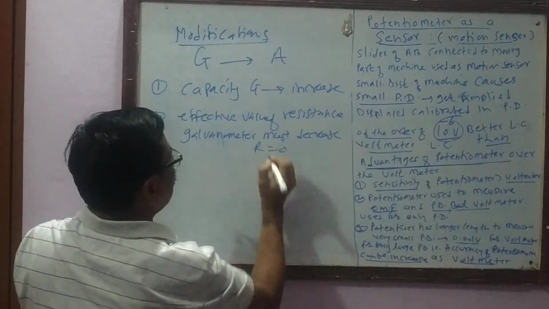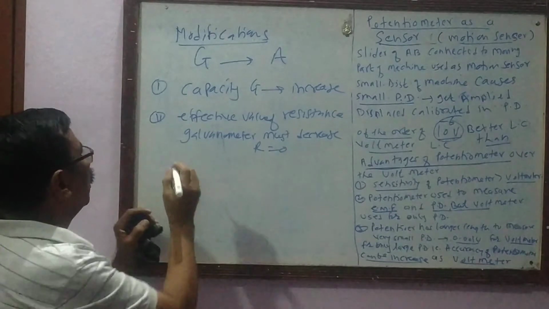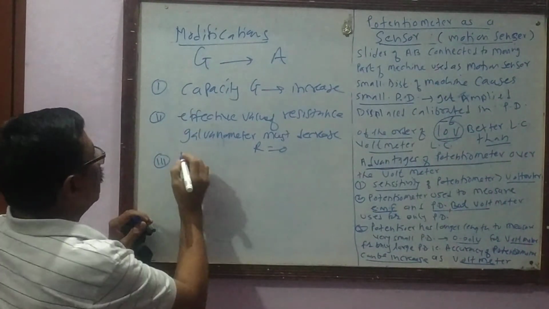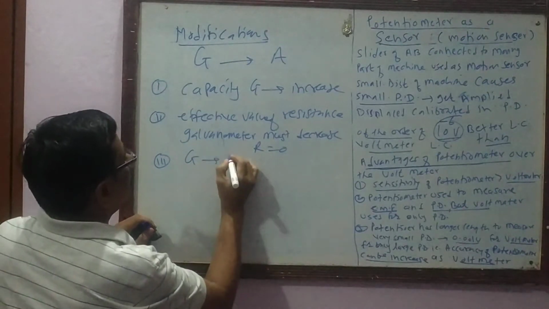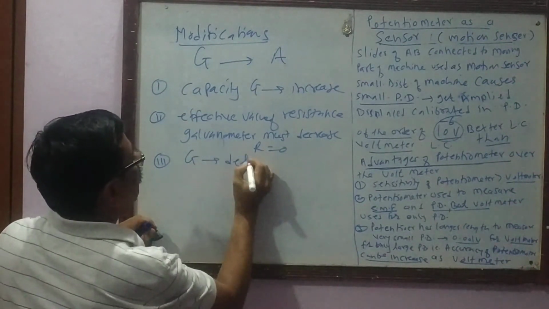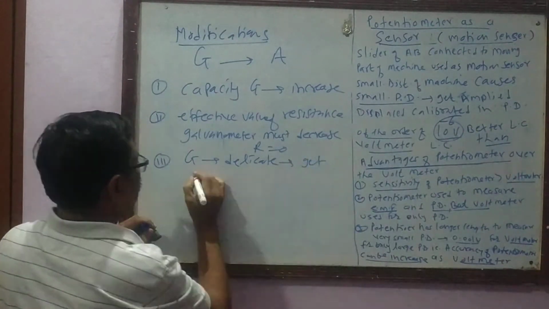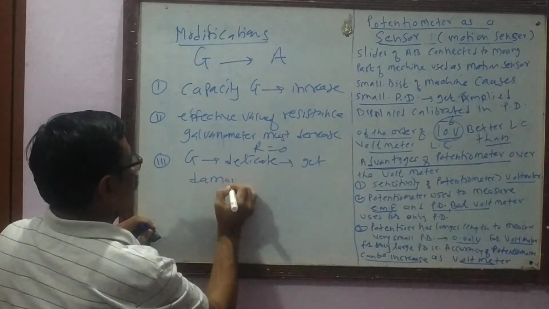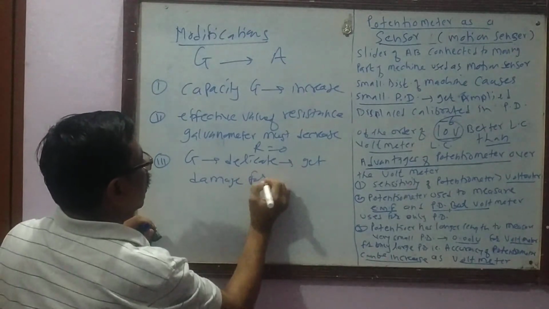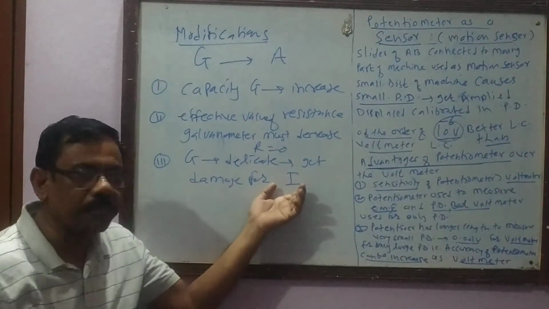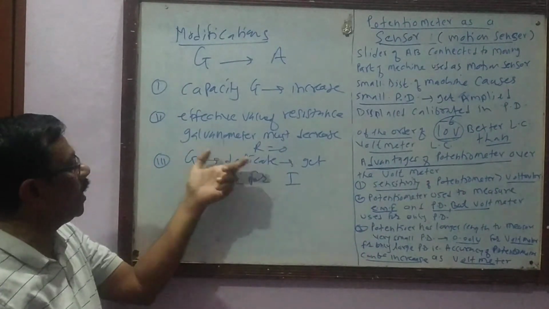Ideally, the resistance must be zero. Now the third point is the galvanometer is delicate; it gets damaged for a large value of current. When a large value of current is passing through it, the coil gets damaged.